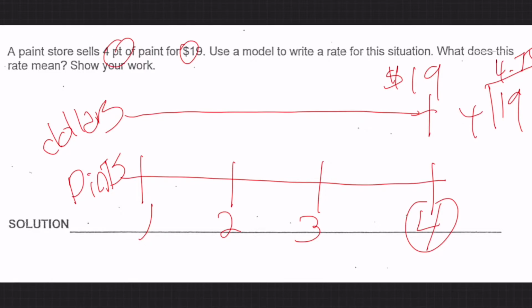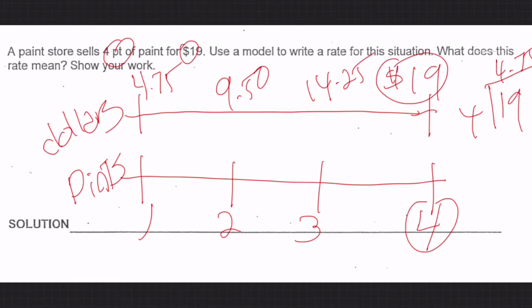So over the 1, we know 1 pint of paint is $4.75. We know 2 pints of paint is 4.75 twice, which is $9.50. We know 3 pints of paint is 4.75 3 times, which is $14.25. And then, of course, 4 pints of paint would be 4.75 4 times, coming up to $19.